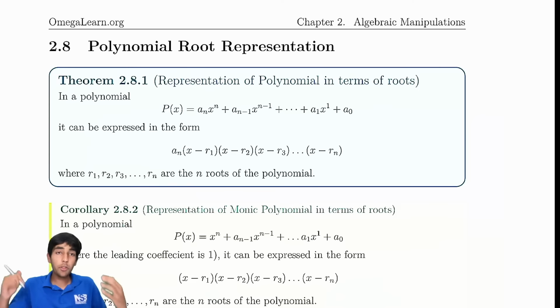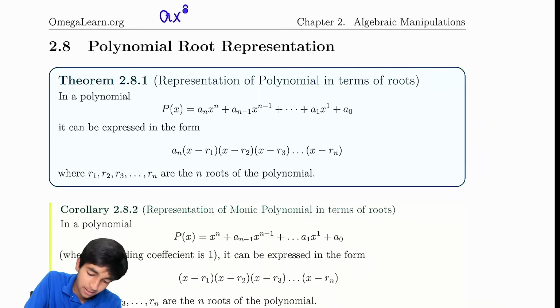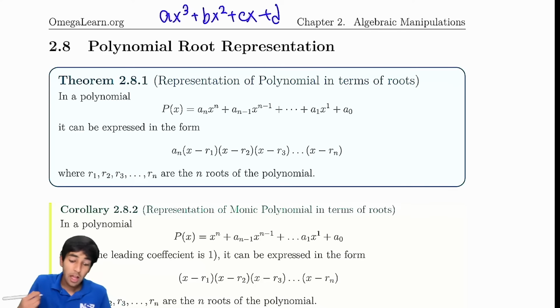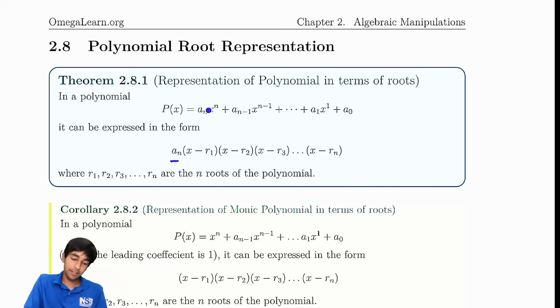Okay, now polynomial root representation. When we're doing polynomial problems, there are generally two strategies you can use. You can say your polynomial is of the form ax cubed plus bx squared plus cx plus d. That's one form. Another form is a_n, the leading coefficient, times (x minus r1) times (x minus r2), and so on, where these are all the roots of the polynomial.